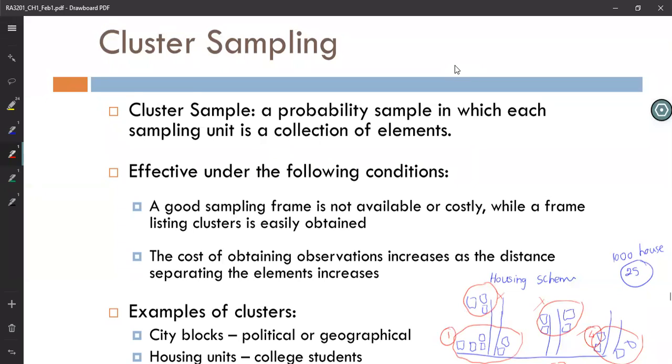It's going to be huge, I know, but that's an example. Okay, or you select one floor of a hostel as a cluster and choose everybody on that floor for your sample. Okay, so that is also a cluster because it's easily accessible. You go to that hostel or the first floor, you cover everything. You don't have to go to the other floors. Okay, the second floor is the cluster you select.